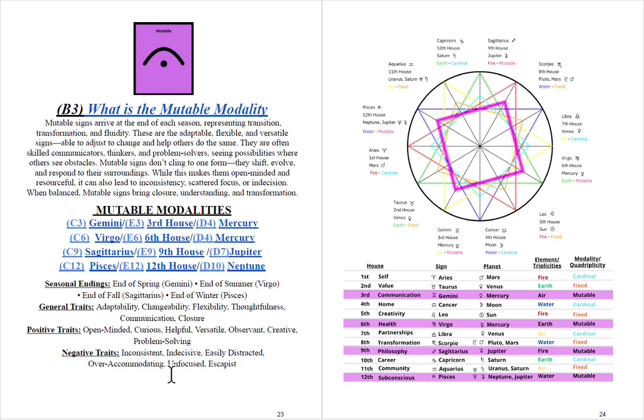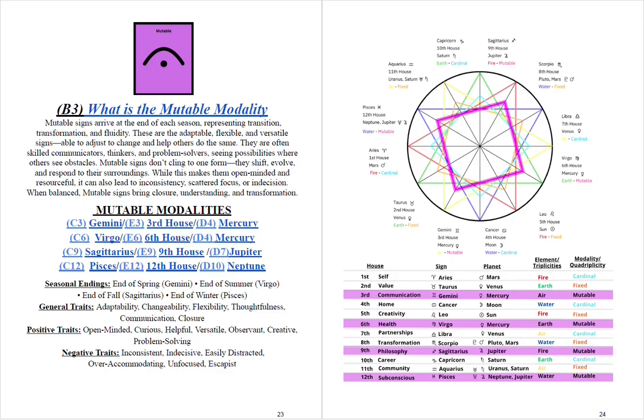Let's read the general traits. One thing I always like to do with the general traits is put a balance of general traits, positive and negative, so that you can get a full feel of some things that pertain to what the topic is. Let's read those general traits. Adaptability, changeability, flexibility, thoughtfulness, communication, and closure.